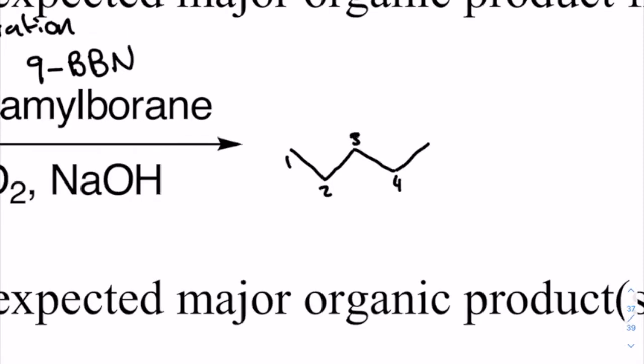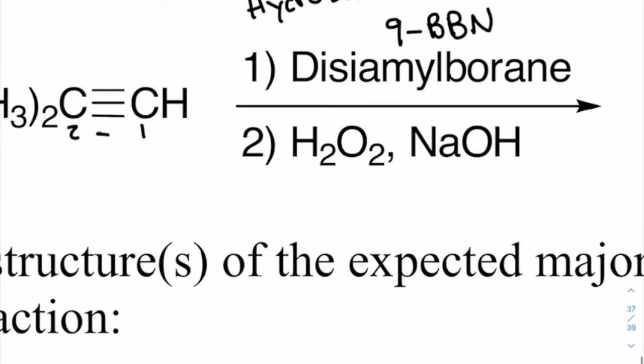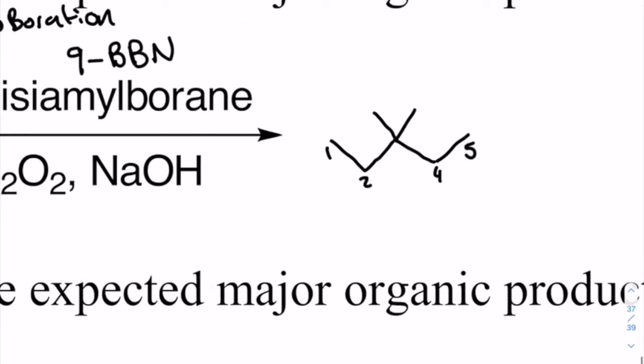Now we know off of carbon 3 there's going to be 2 methyl groups. So we'll draw these in. And we know between carbons 1 and 2, that triple bond will be reduced back down to a double bond. And we also know an oxygen will be added in hydroboration. So this is the final product.